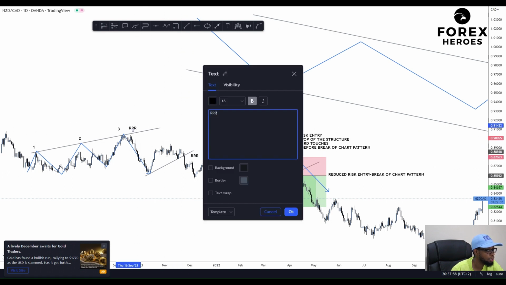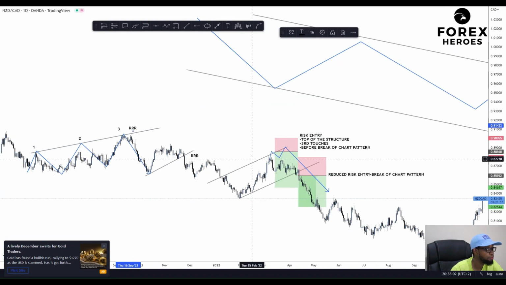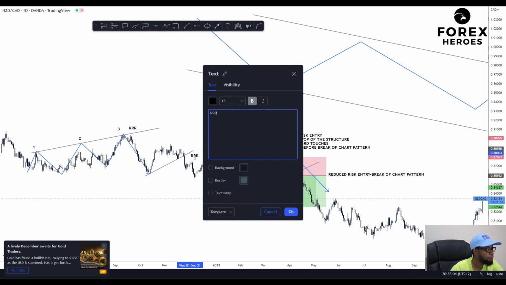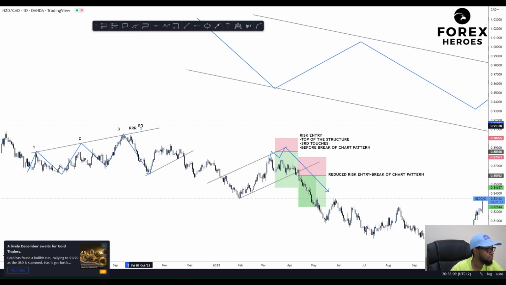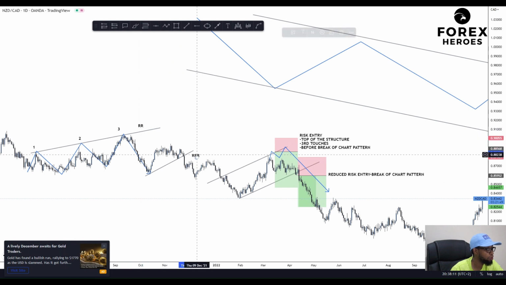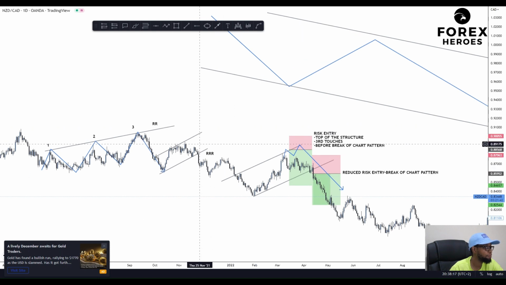This will be a double R. Double R, just like a Rolls Royce. Maybe this one, and the risk entry, and then this one. You can see it's at the break of this. Then now we are having a triple R.